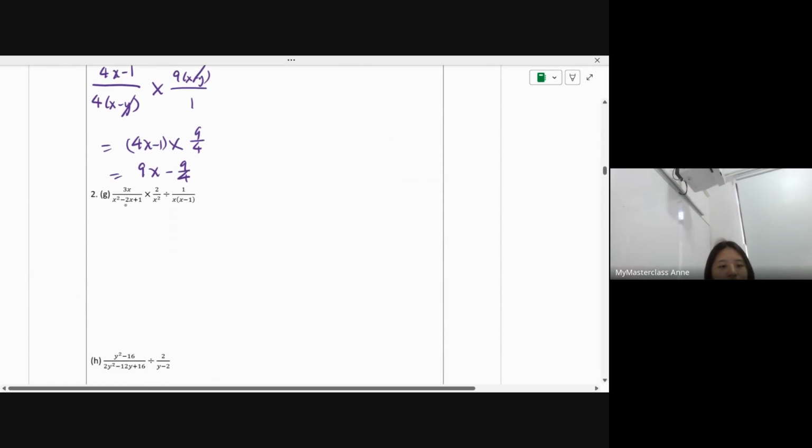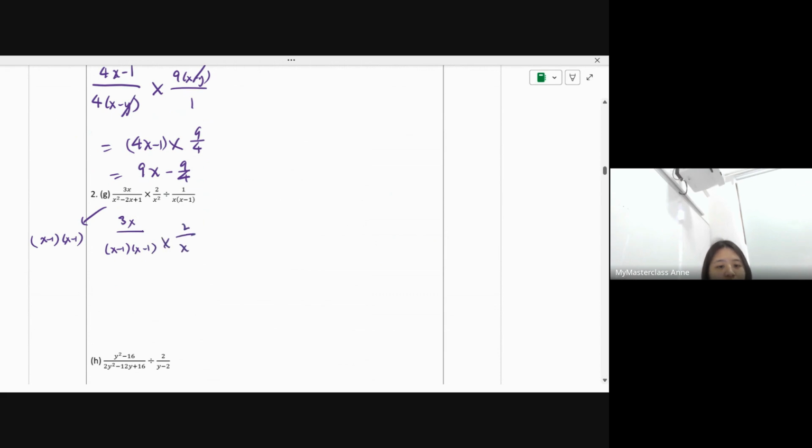Same thing. If you see a quadratic function, you must always think of ways to factorize it. So x squared minus 2x plus 1 is x minus 1, x minus 1. So x minus 1, x minus 1 times 2 over x squared. Now divide becomes multiplication and I need to flip it.